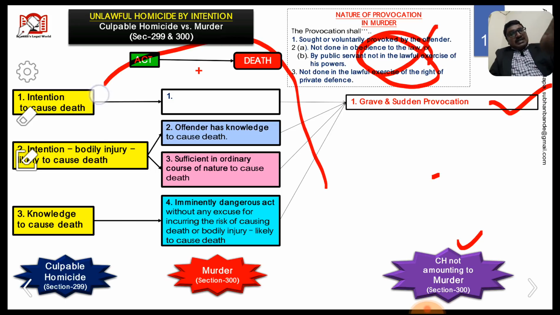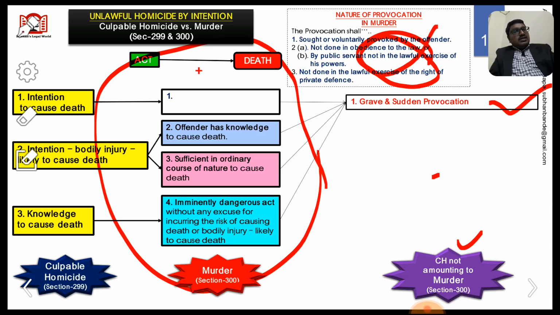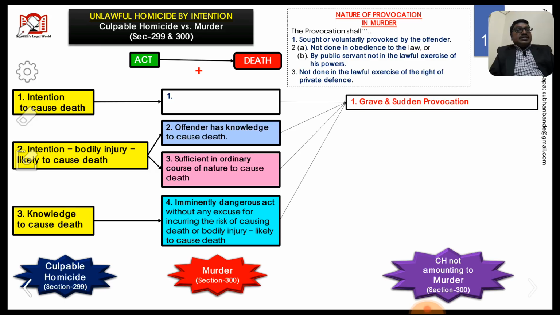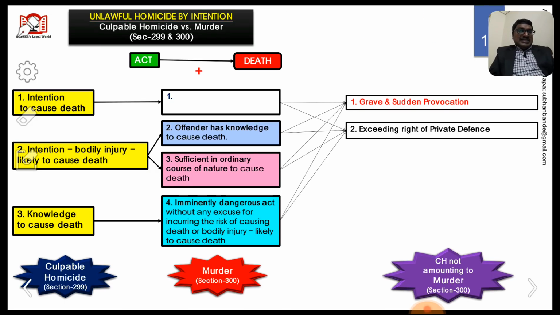If all these ingredients are present but it falls under the first exception specified under section 300, then it becomes culpable homicide not amounting to murder. Let us see the second exception, that is exceeding the right of private defense.